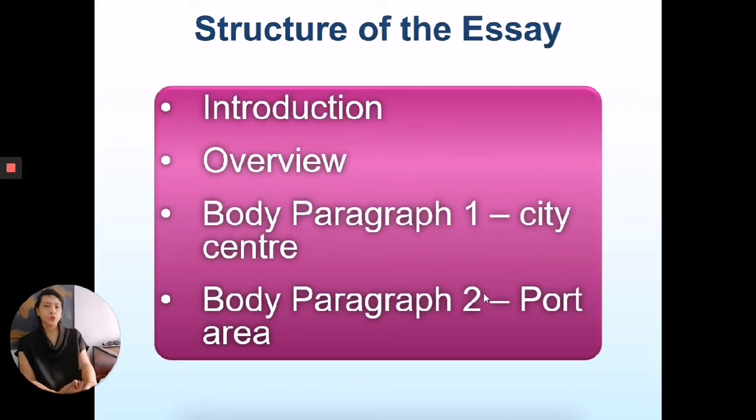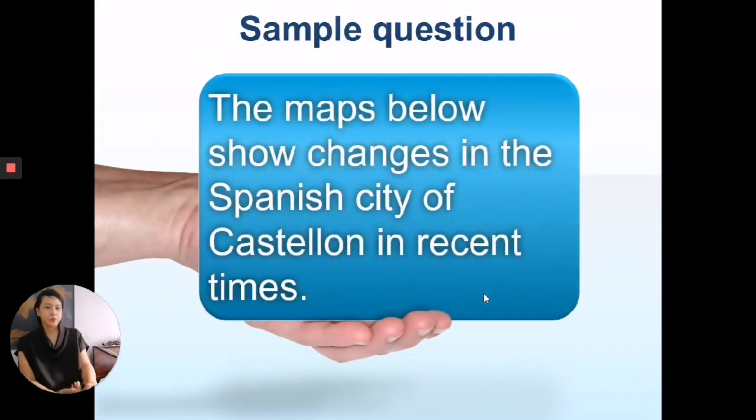Now let's go to the introduction. So now you try to read the sample question: The maps below show changes in the Spanish city of Castellon in recent times. Then you try to reword it.